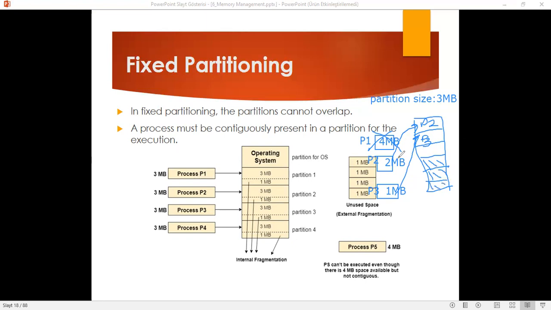So external fragmentation is a kind of total memory that is not filled by any process. Internal, you can think about only one partition. Internal is about the partition. External is about all memory. So that is the difference.